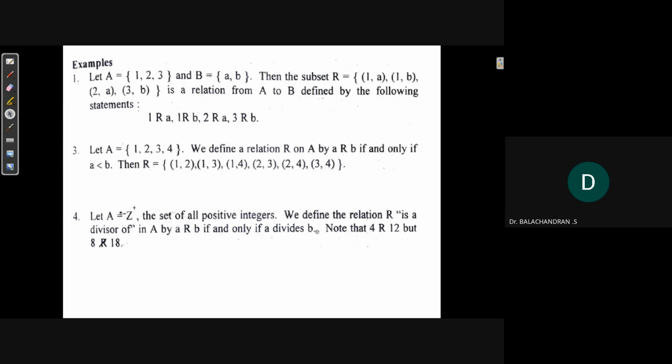Now you can see here, 4 divides 12 exactly, but 8 does not divide 18 exactly.